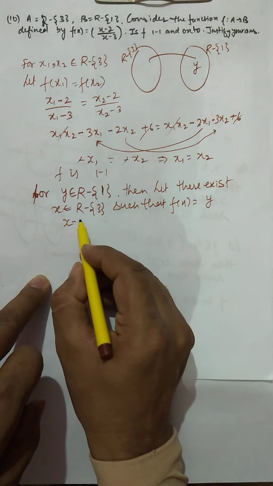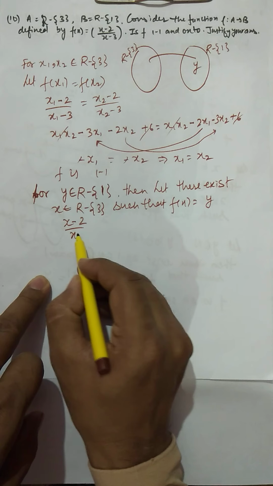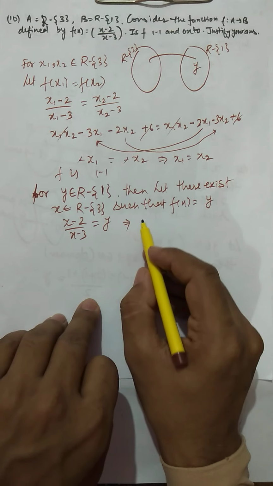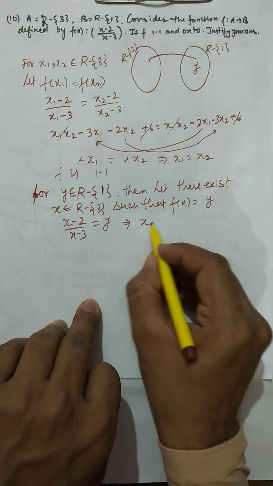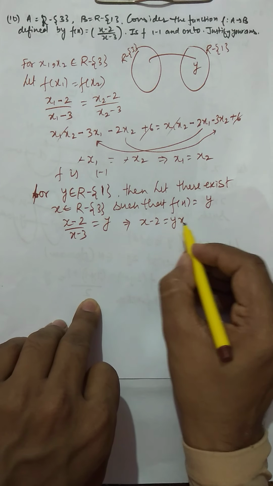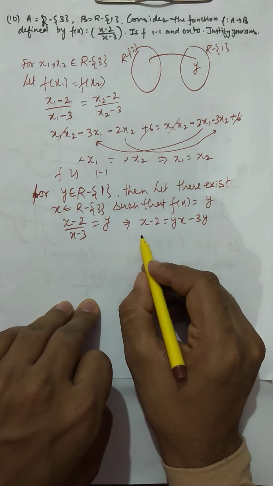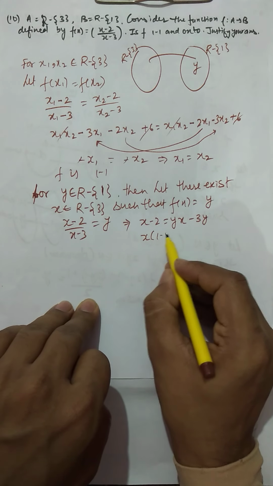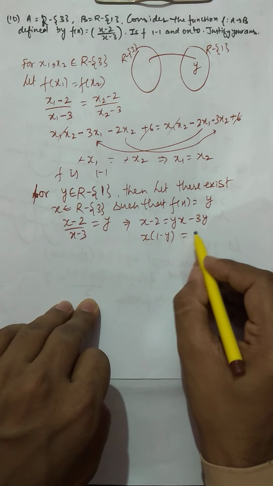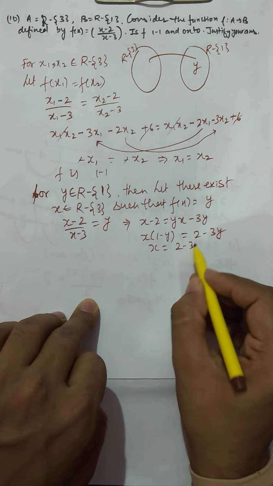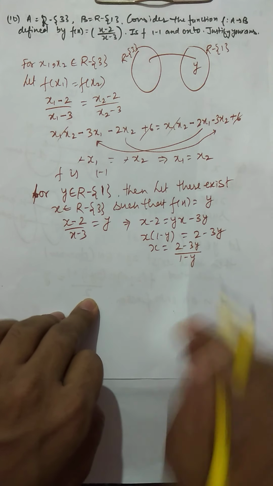So according to the definition, this is (x minus 2) upon (x minus 3) is going to be y. Now we simplify this, we write x in terms of y. So this is x minus 2 equals yx minus 3y. So now we can simply write that x times (1 minus y) equals 2 minus 3y, and x is going to be then (2 minus 3y) upon (1 minus y).